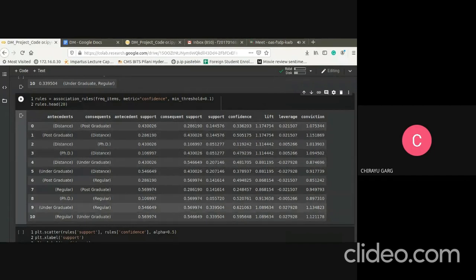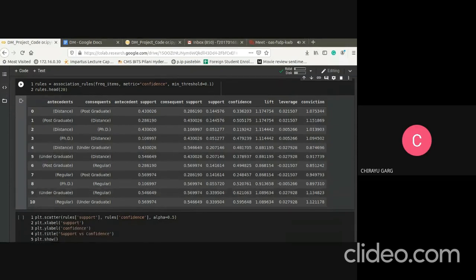Like here, undergraduate regular has a support value of 0.33, and undergraduate distance has a value of 0.2. So these two values tell us that undergraduate, foreign students prefer the regular mode of learning rather than distance.